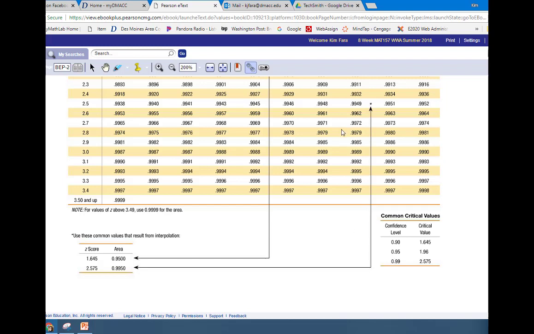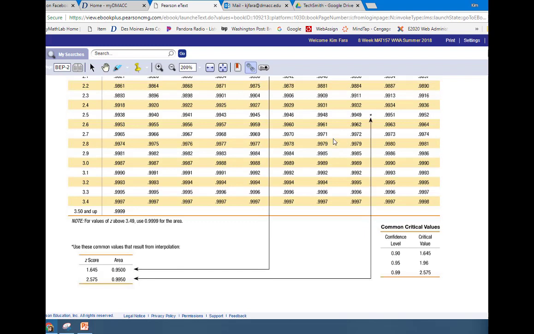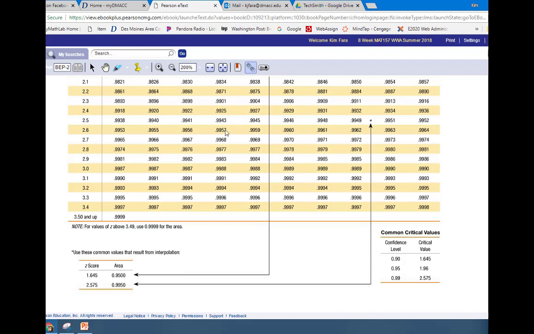So we want to come up with the z-score that's closest to 99%. And if we look at that, we're getting close up here, and it looks like 0.9901 is the closest thing.